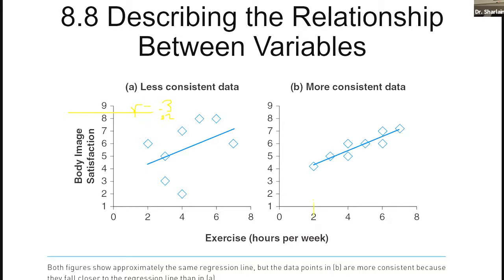Therefore, if I say if 2, therefore 4, if 4, therefore 6, notice that I wouldn't be able to make such a straightforward prediction. So you see how the predictions are less consistent. Whereas here, it's pretty straightforward. Whereas here, the data is pretty poorly related. So you notice it's not following a good line, like in this case, with more consistent, stronger data.